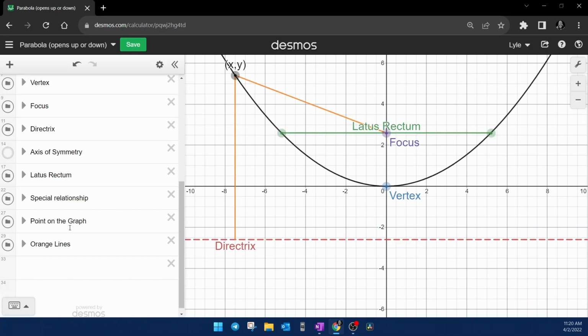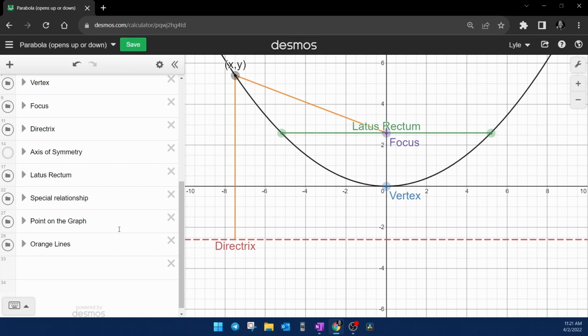All right, so the last thing that I'd like to discuss about the graphical representation of a parabola, and actually what makes a parabola special, you'll notice that I've turned on the lines here that connect the focus to a point on the parabola, and then from that point to the directrix perpendicular to the directrix.